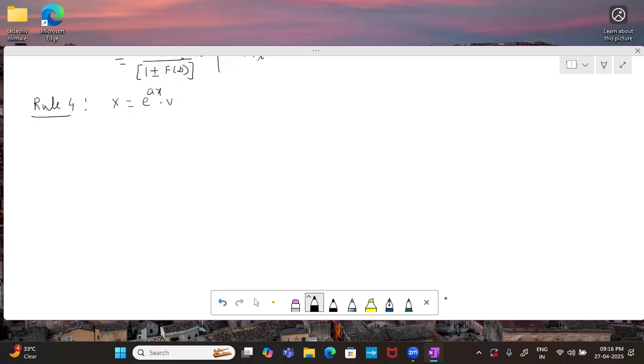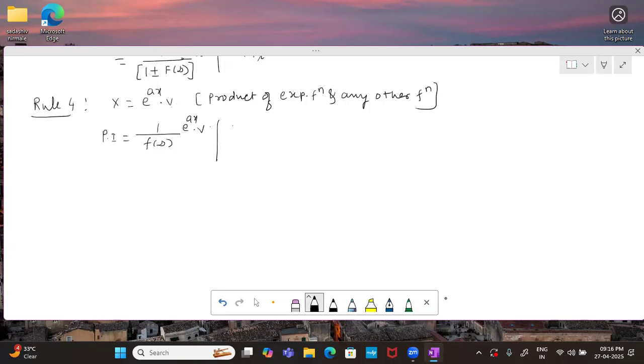So actually this is the product of an exponential function and any other function, v. When the PI of this product is required, the working rule is like this. PI is equal to 1 upon f of D e raised to ax into v.